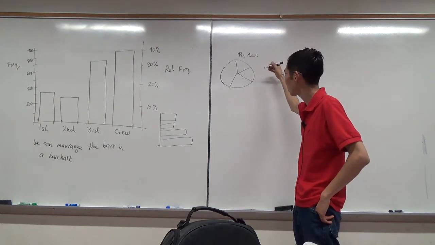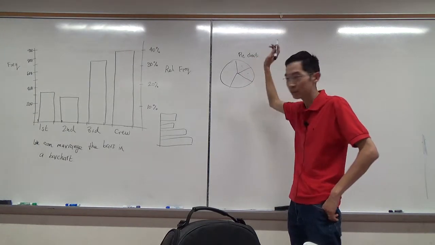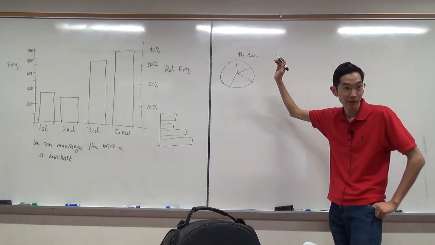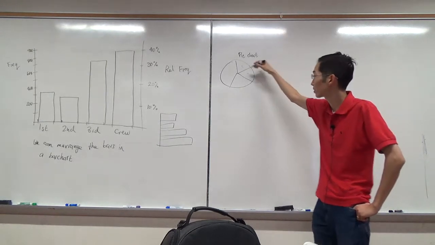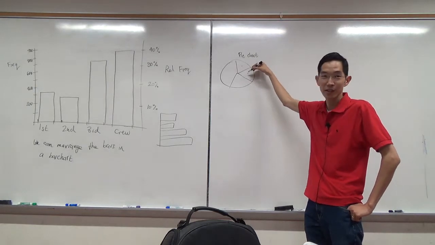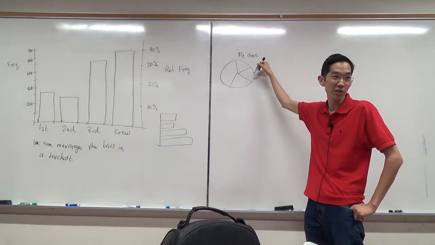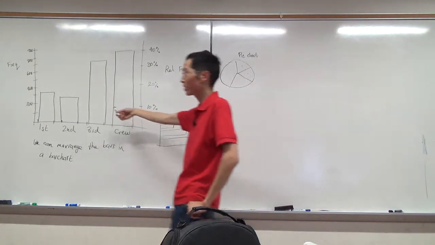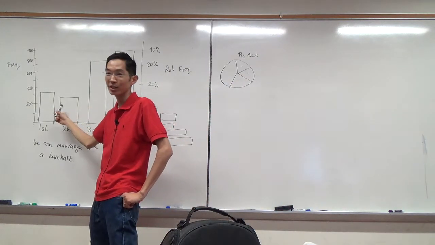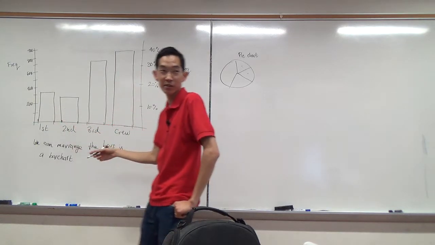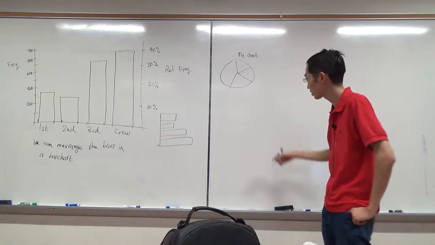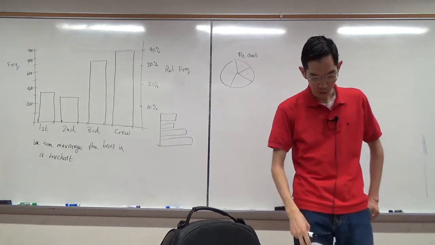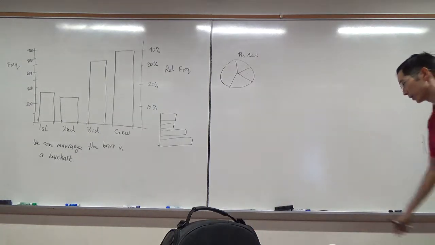The problem with pie charts is it's very difficult to distinguish categories with similar percentages if they're not labeled. Okay. If you were to look at this piece and this piece, it would be tough to say which piece is larger, okay, just by looking at a pie chart. Whereas if you look at a bar chart and I say which bar is larger, it's very easy to distinguish. Okay. So pie charts, less preferred, but they do exist, and you should be able to read them.